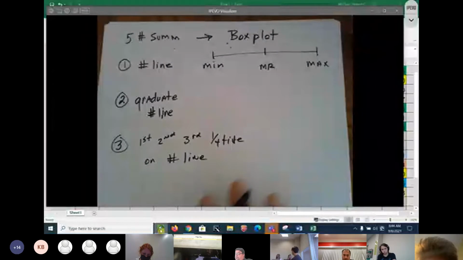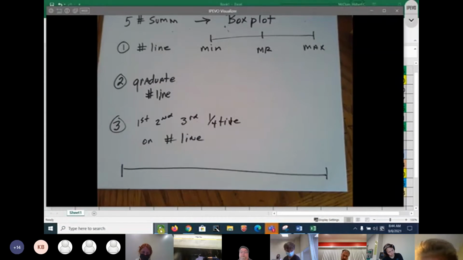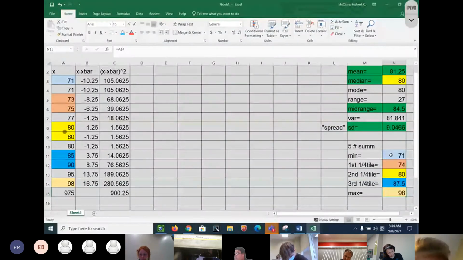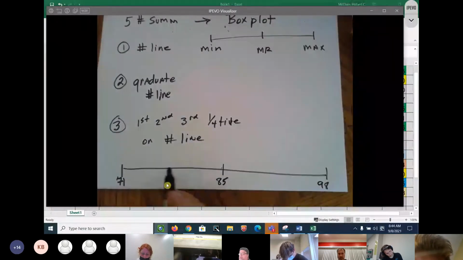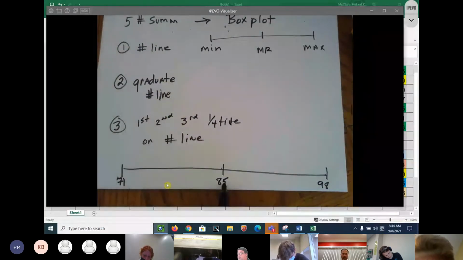So here we go. Our min is 71. Our max is 98. And our mid-range is 85. So I just did number one, I drew the number line. Now I'm going to graduate. Well, 71 to 85 is 14. Half of 14 is 7.